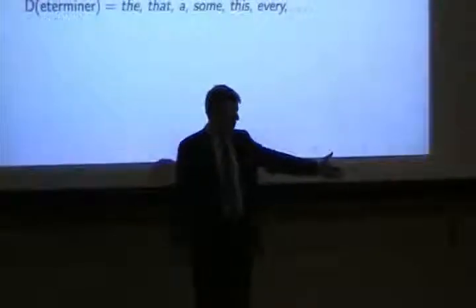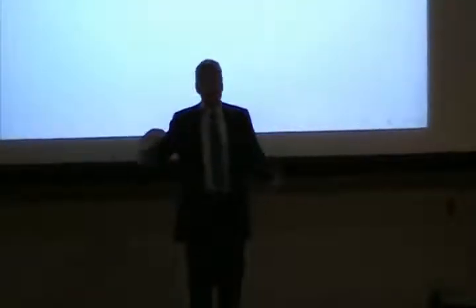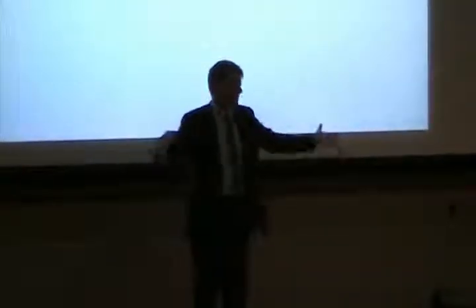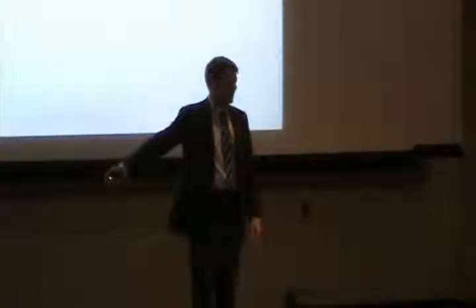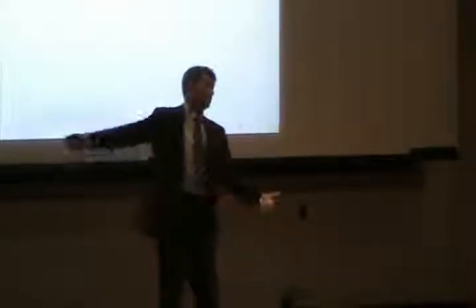A fact about adjectives is that they can come before other adjectives. So I can say, the big bad professor, or the smart hunky professor, or anything like that is fine. And a fact about determiners is that they cannot be preceded by adjectives. They always come before every adjective.